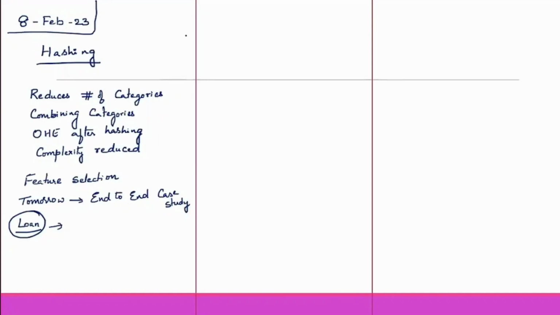Especially, I want to take one case study for classification problems, because once we are done with this feature selection, we are more or less ready to get into the various algorithms. So I will take up one case study for classification.